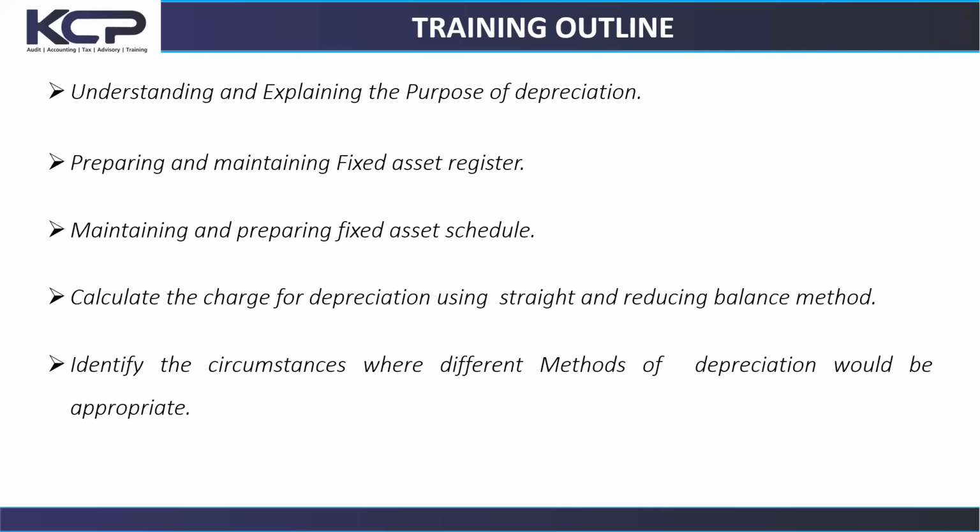What are the common assumptions that you should have before you could say, I want to use the sum of the year digit method, or the machine hour method, or even the very common ones, straight line or reducing balance?